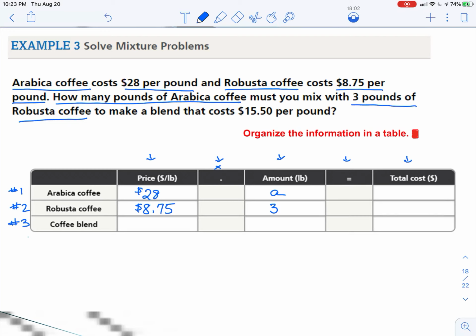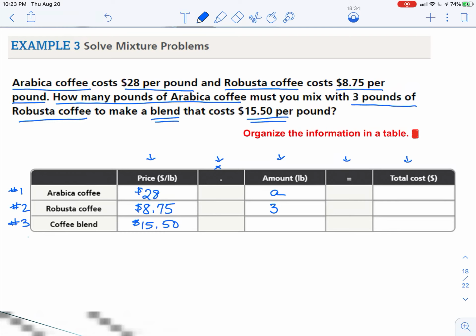So now we are looking to mix A pounds with 3 pounds to make our final mixture. We know that the blend is going to cost $15.50 per pound. So that will go right over here in this column. Now, how do I figure out the amount of pounds for our coffee blend?